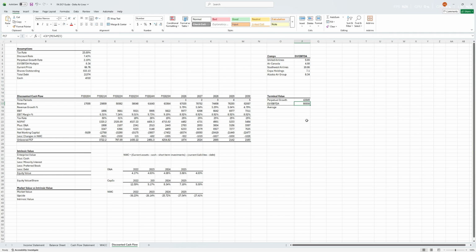In this example, there is a huge discrepancy between these two. This would probably have to be explained in the DCF. I imagine it's just due to my basic projections with the unlevered free cash flow being low.